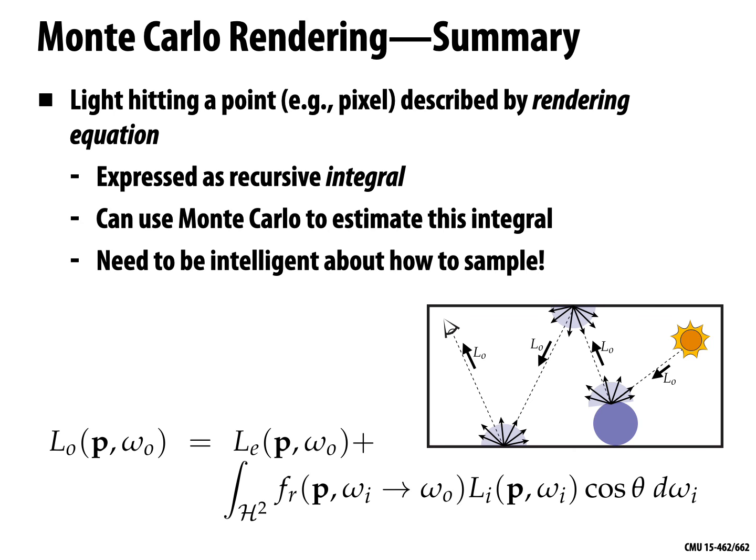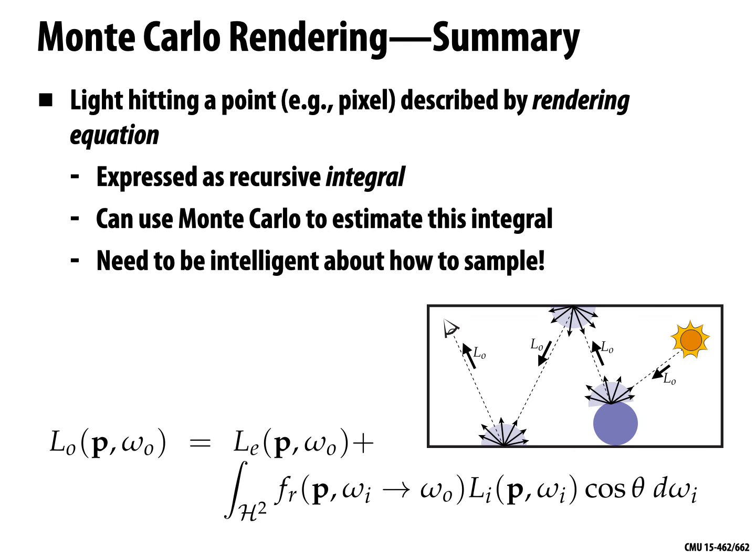If we take one sample of this integral and recurse, then we arrive at the path tracing algorithm. And because the values we're getting out of tracing each path are unbiased, the average value over many, many paths will converge to the correct value for this integral.